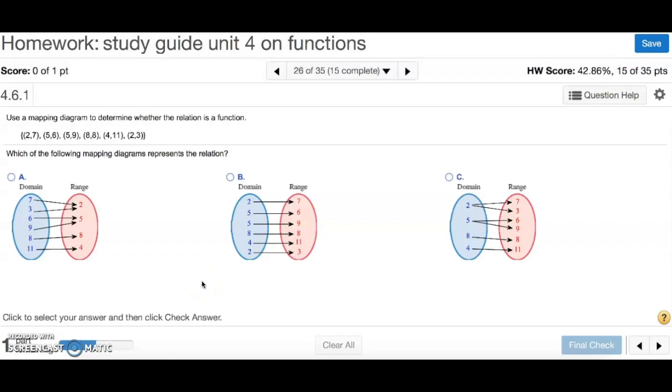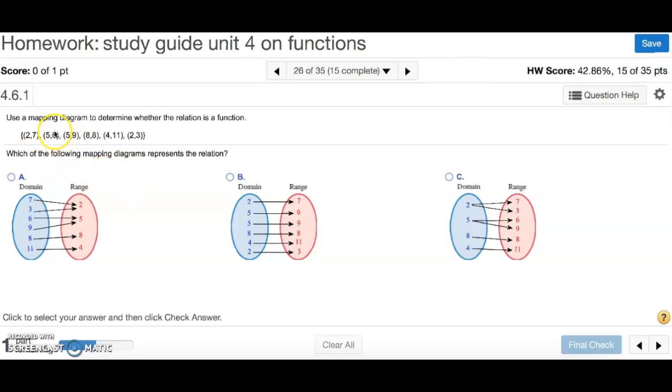Number 26. Use a mapping diagram to determine whether the relation is a function. So first, which of the following mapping diagrams represents the situation? Now remember, domain is the x values, range is the y values, and you only write each number once. If there's more than one number that's the same, only write it once. Like, look at my domain.